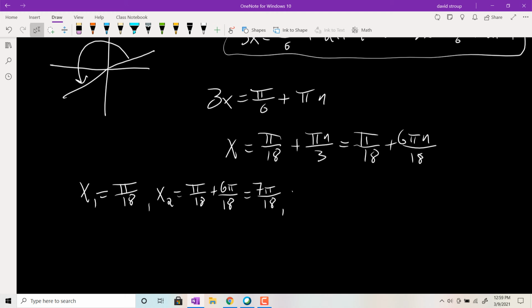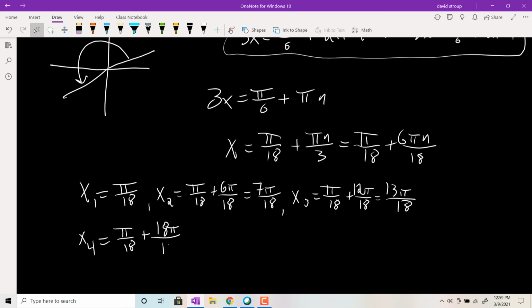So x3 is going to be pi over 18 plus 2 times 6 pi over 18, which is 12 pi over 18, so that's 13 pi over 18. x4 will be pi over 18 plus another 6 pi, so did I screw something up? 18 pi over 18.